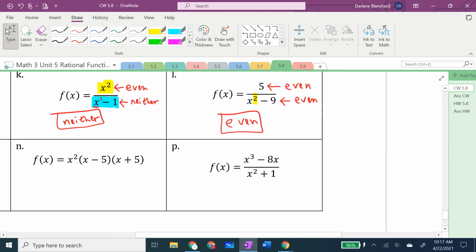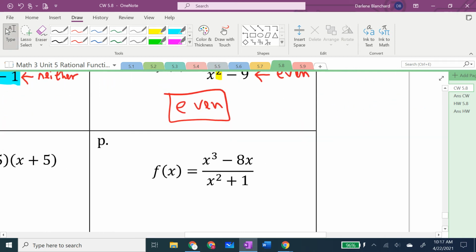I'm going to skip over to letter P because that's another rational equation. Let's do that one. Numerator polynomial. Is it even, is it odd, or is it neither?